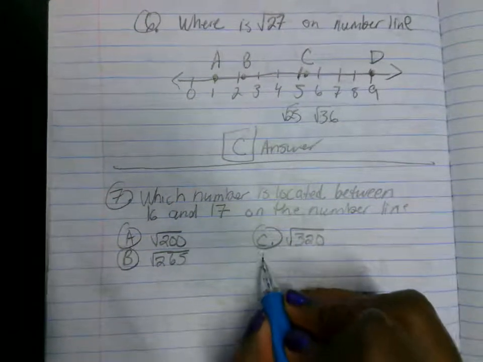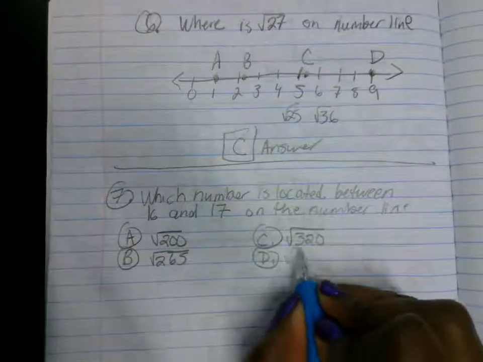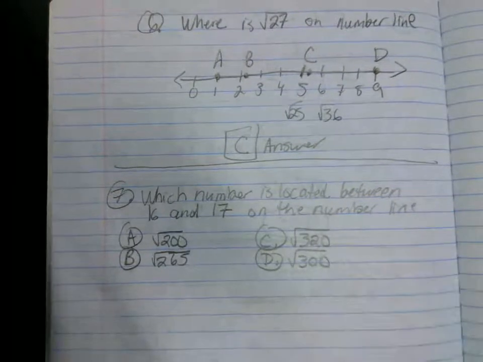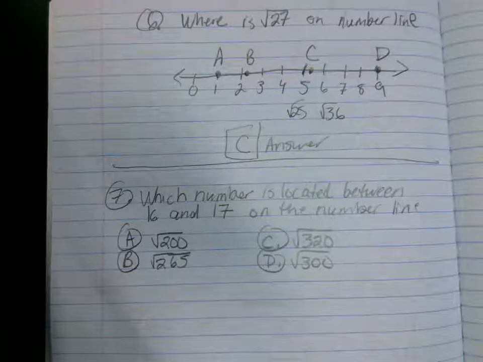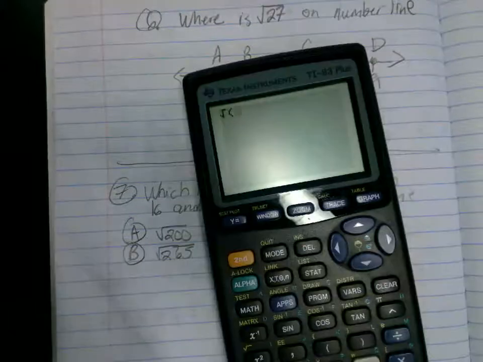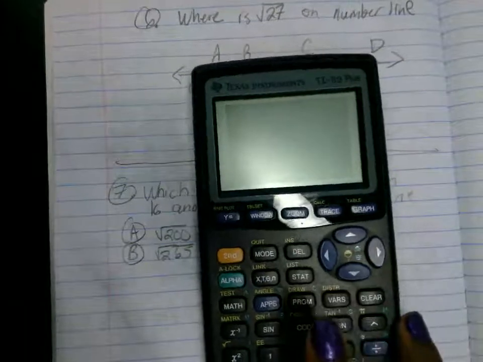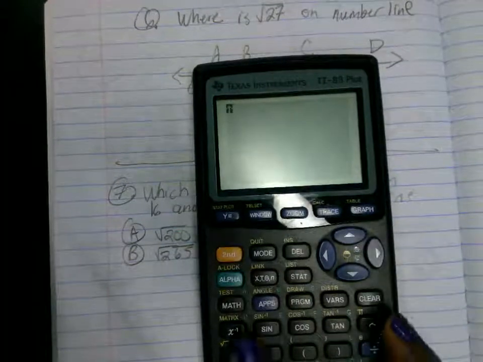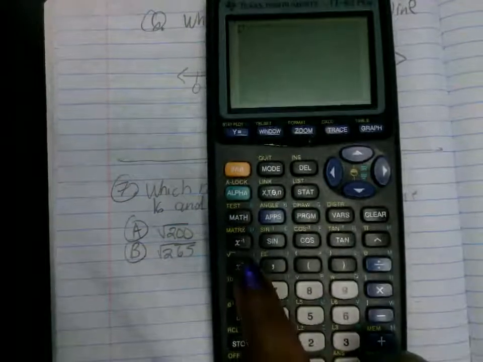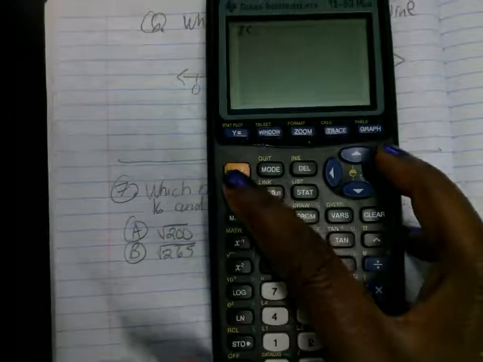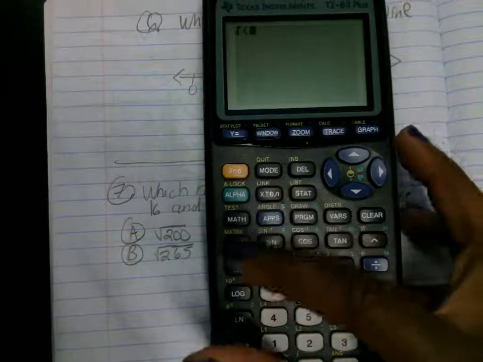And we have D, the square root of 300. So you choose which one you think is between 16 and 17. Again, don't forget to type in the square root sign. Press second, the yellow-orange looking button, and the x squared button. That's how you type in the square root.